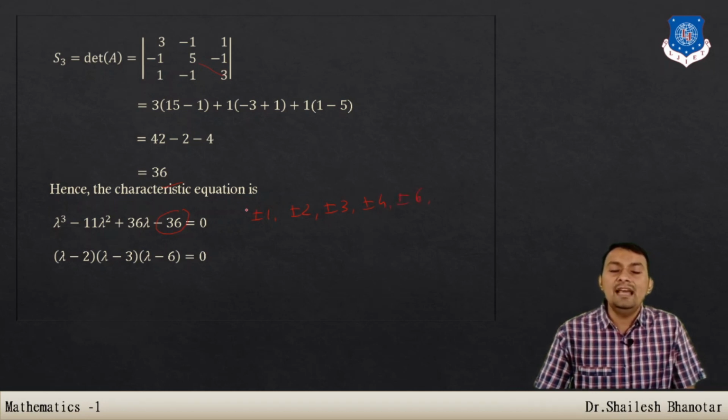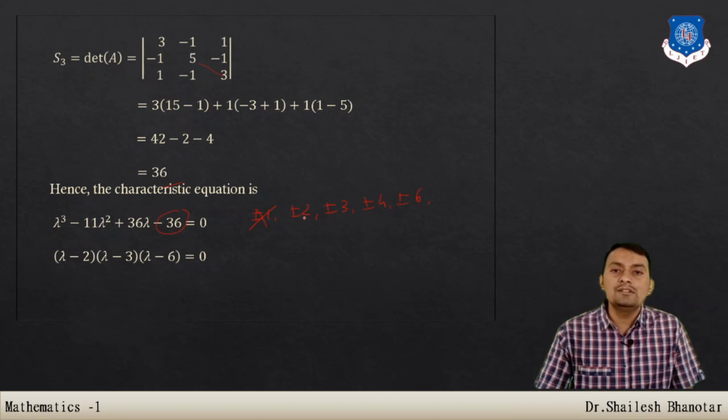So first start with lambda equal to plus 1. Just put lambda equal to plus 1. If you get the answer 0, then definitely we can say that lambda minus 1 is one factor. Then use lambda equal to minus 1. Just put it in, and if it is non-zero, then it is not a factor.